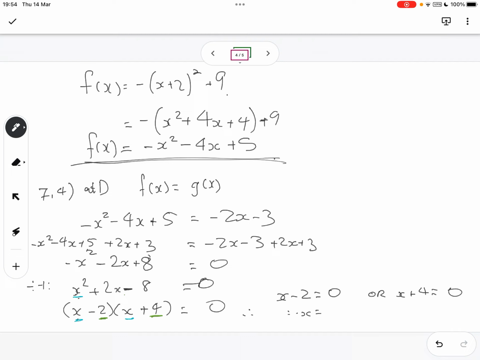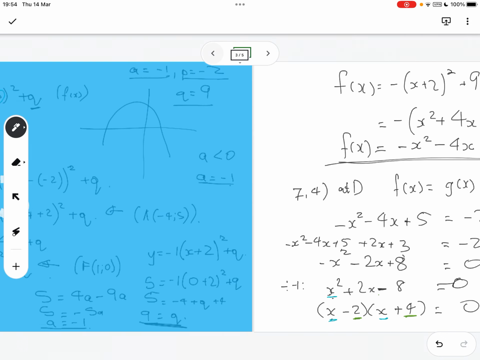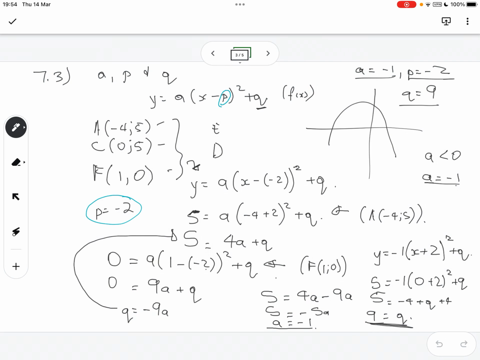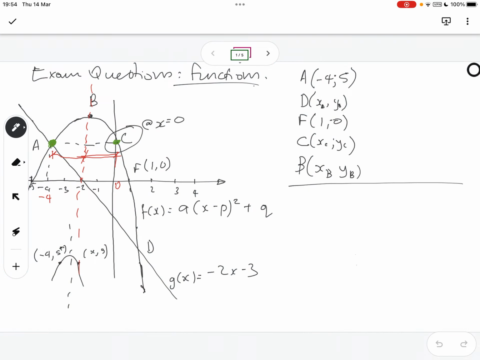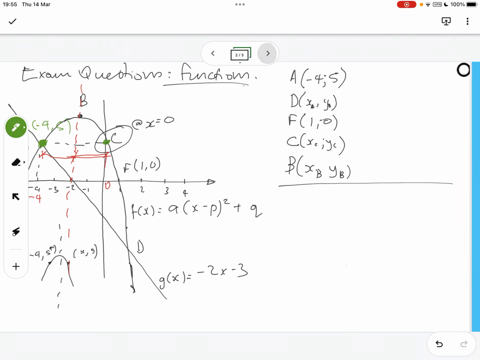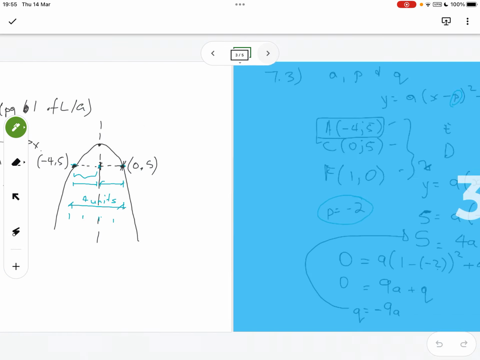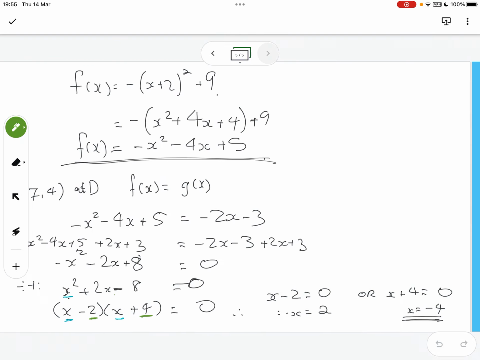Therefore, x minus 2 equals 0 or x plus 4 equals 0. Therefore, either x equals positive 2 or x equals -4. And this x of -4 is the one from the coordinate set of A, here in green on the side: -4, 5.